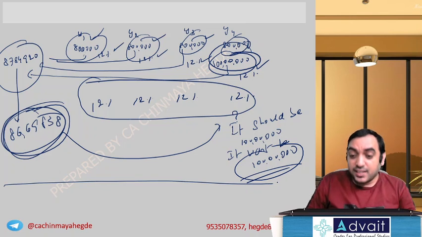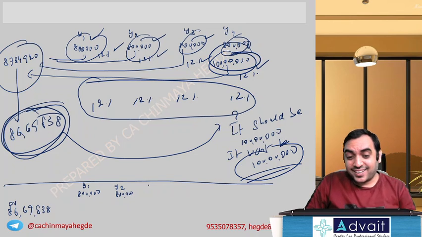So you make the present value 86, 69, 838. Year 1 should be 8 lakh. Year 2 should be 8 lakh. Year 3 should be 8 lakh.